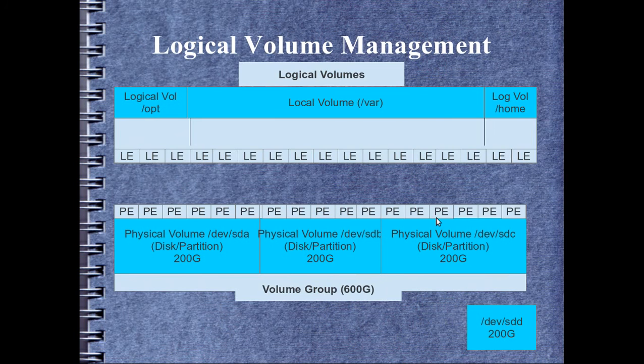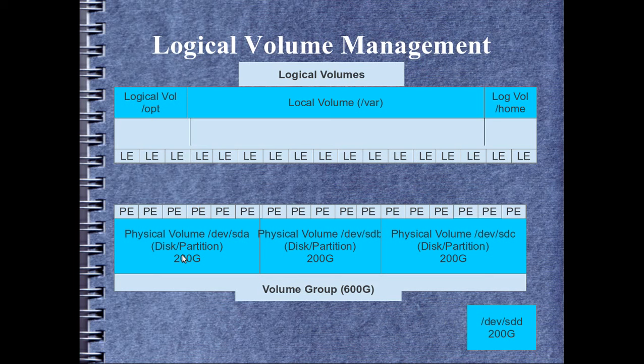Okay, now coming on to logical volume management. Before we start with it, you'll have to understand a few terms. First is physical volume. Physical volume is a name that is assigned to any physical partition or any physical disk which is a part of this logical volume management.